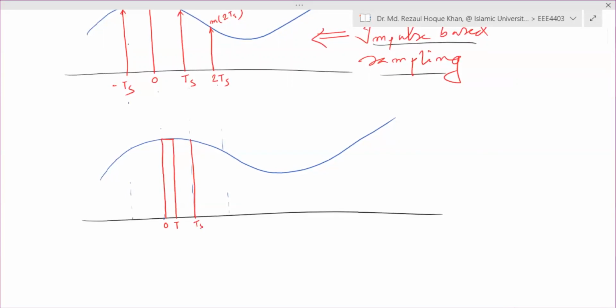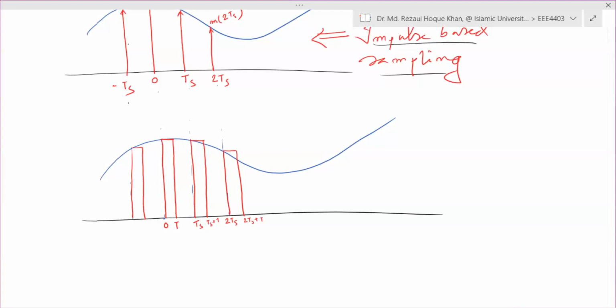At TS, it will have a pulse from TS to TS plus t. At 2 TS, the pulse goes from 2 TS to 2 TS plus t, the same duration t, and so on.